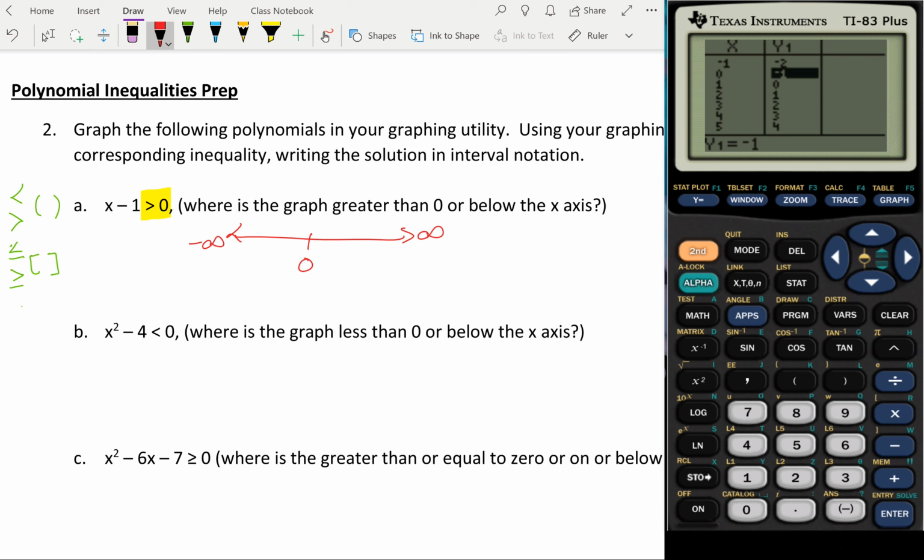Well, greater than 0, I know that I'm going to have, where is it not included? Well, I get a negative number at 0. And all of my answers after that are positive. So I know from 0 to infinity is my solution. So I know it gets complicated, but we're going to look at it a little further.